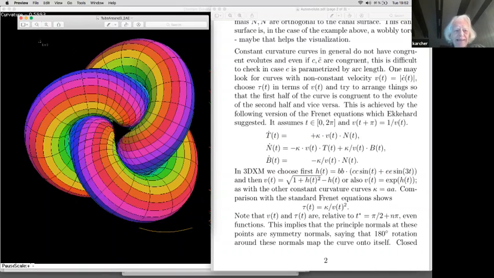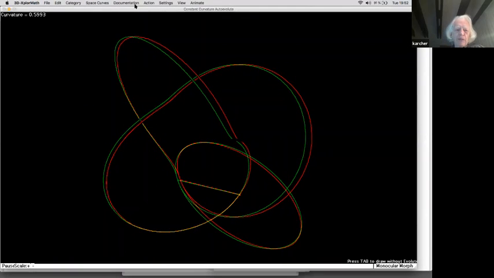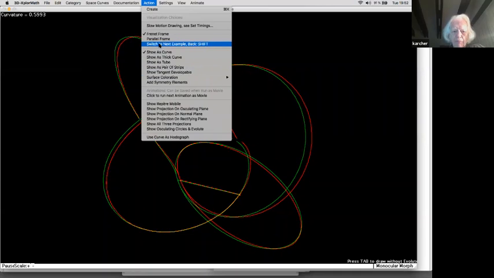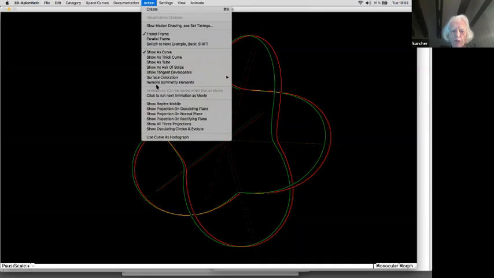Okay, and I want to show maybe, what is this? Two more examples, and then I have to quit. So this is a knot, a 5-2 knot.